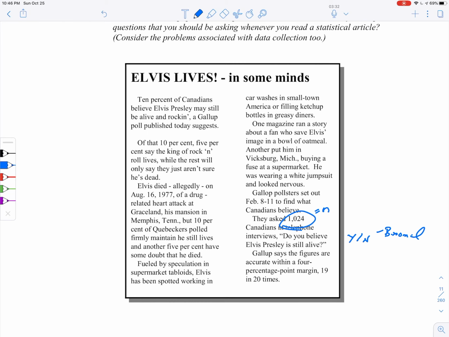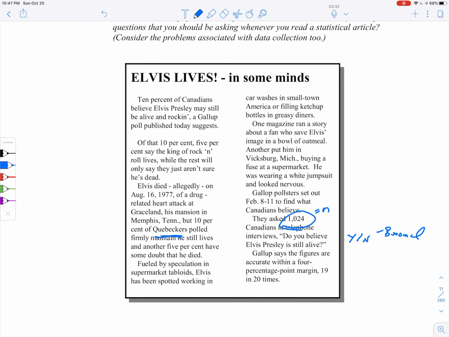But in order for this particular problem here, what we do is we say, well, a Canadian is a Canadian, unless we find out that people of a certain area think differently than the rest. We're not measuring people in terms of other factors such as their gender or how old they are, so a Canadian is a Canadian. So we consider them to be n identical trials. In fact, what we find out later here is that Quebecers are a little different from the rest of the country in terms of what they believe.